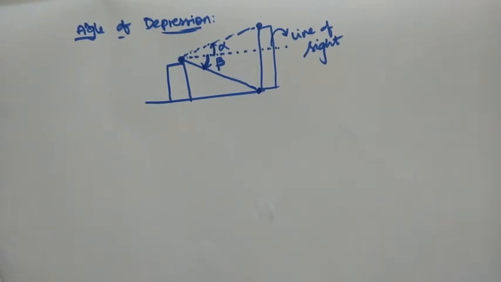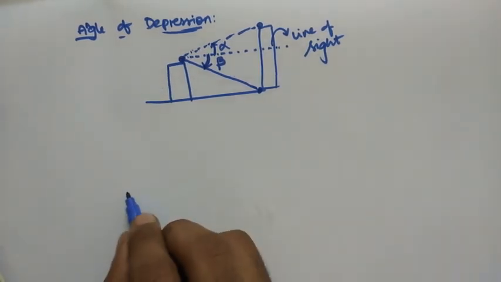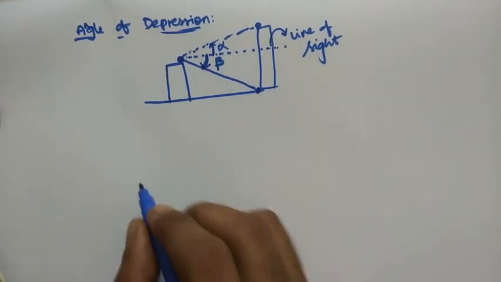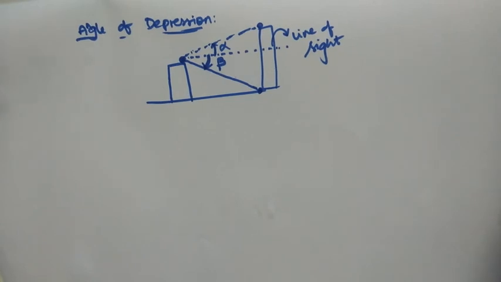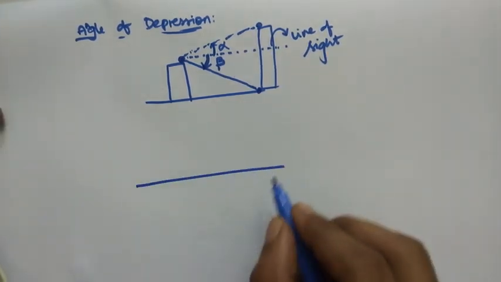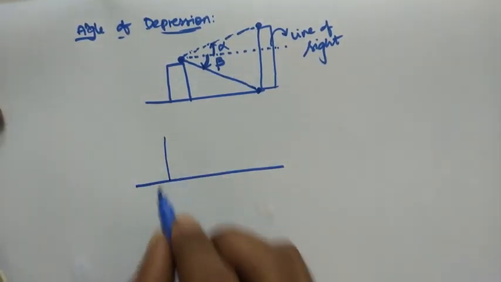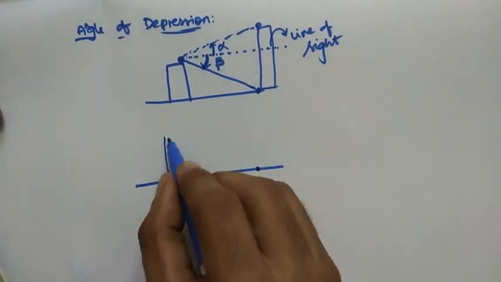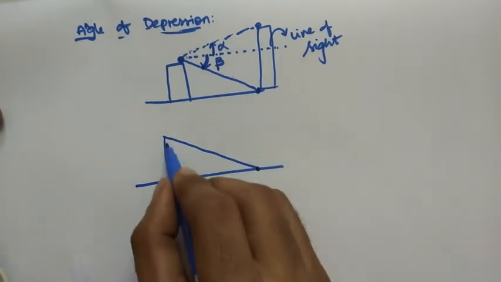In the starting I told you we consider a right angle triangle in trigonometry. The reason is that any application oriented problem will form a right angle. See, I showed you in the previous problem, if there is a tree here and the observation is from this point, and if I join these two lines, we get a right angle triangle.